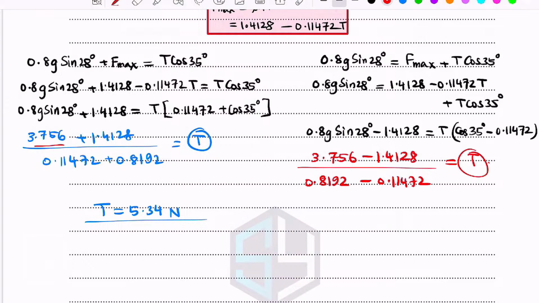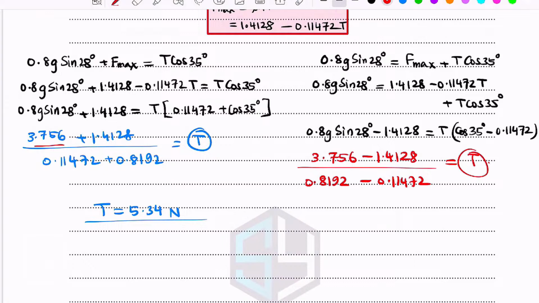The next value: 3.756 minus 1.4128, close the bracket, then the division sign, then another bracket, 0.8192 minus 0.11472.